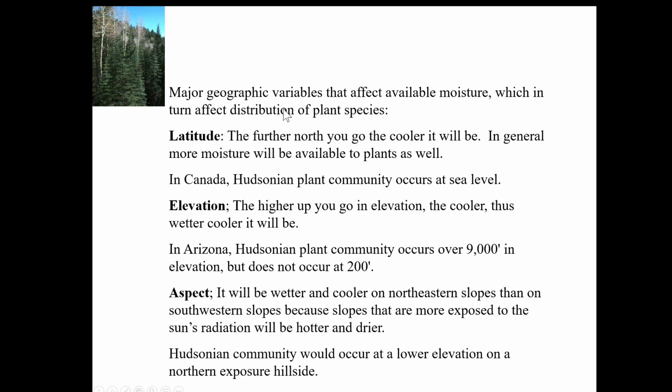Now, what controls moisture? First is latitude. The further north you go, the cooler it will be, and generally you'll have more moisture. The weatherman comes on and talks about this thing called dew point, and dew point is the temperature at which moisture condenses.